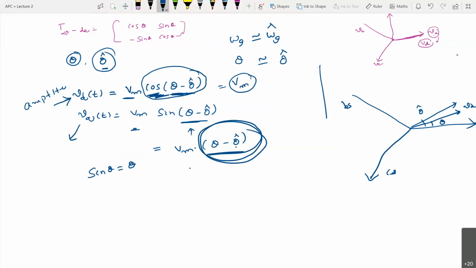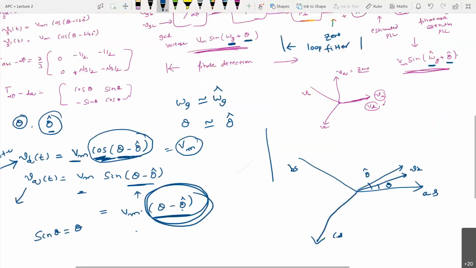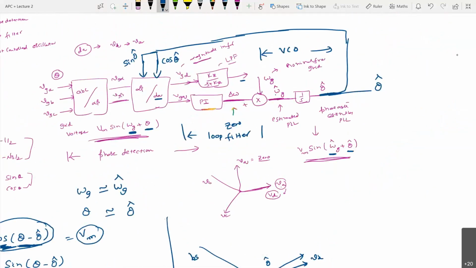So that is the steady state error, right? So this gives you the steady state error. When you take the gain of this, or divide with its peak value, that gives you the steady state error, and you give it to a PI controller. Clear?